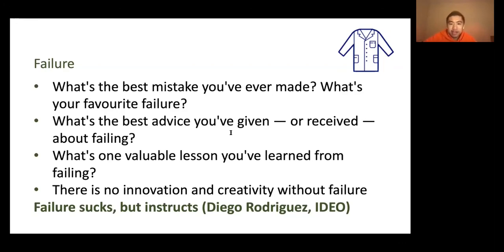One of the things that IDEO, a really famous design agency, talk about is this ability to squint when you're coming up with an idea. So, this ability to look at something and just see the outline, but ignore the little inconsistencies. So you no longer see the surface details, you just see the shape of the idea. And if people come to you with their ideas, then you ask yourself, is there a kernel of an idea here?